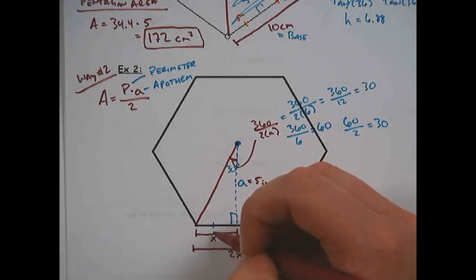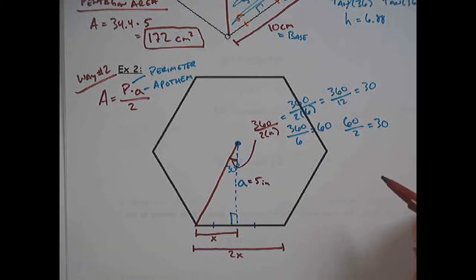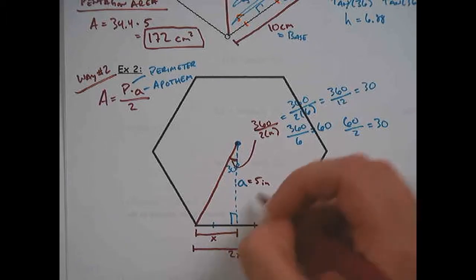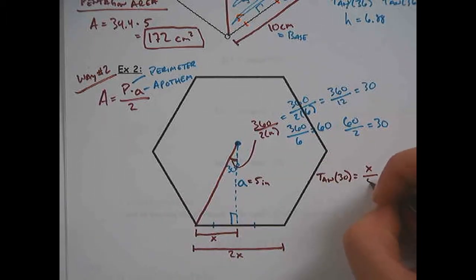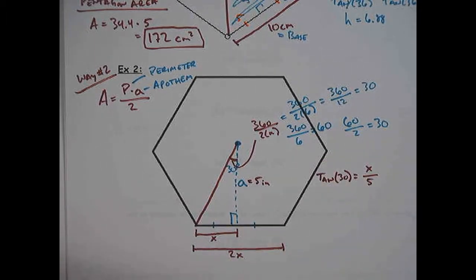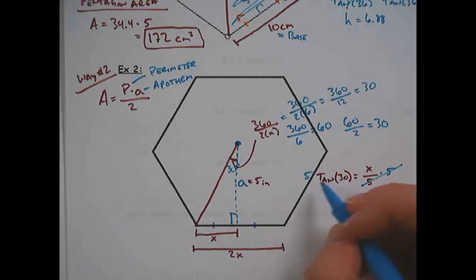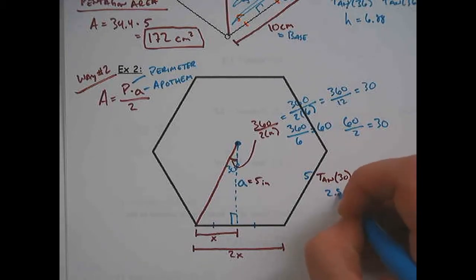This is my opposite. This is my adjacent. So we're still using tangent. So I'm going to say tangent of 30 equals opposite over adjacent, so x over 5. So this time I'm going to multiply by 5 on both sides. And 5 times tangent of 30 is 2.89.